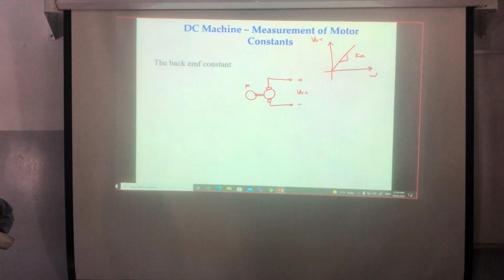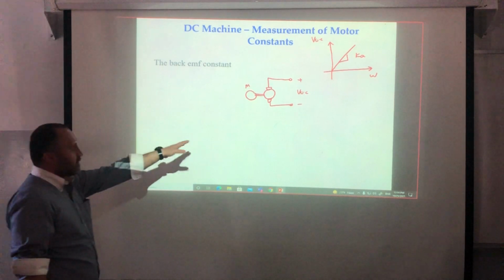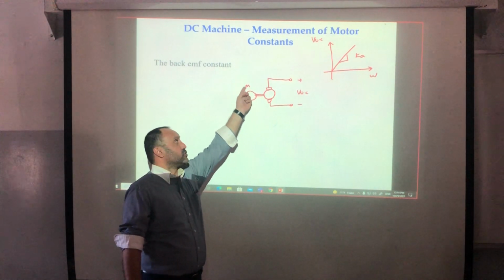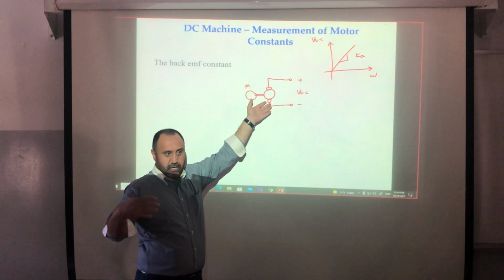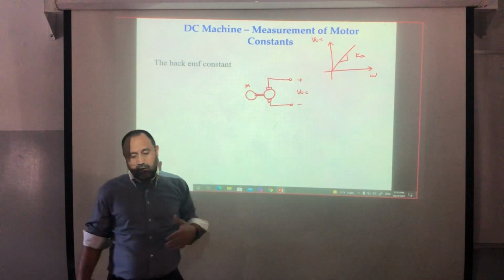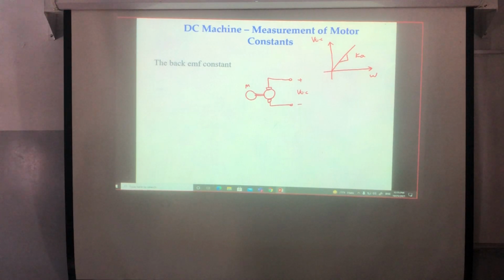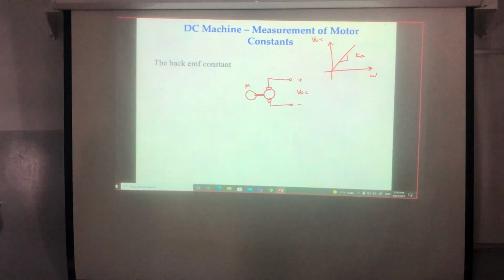No. Now see here, I need another test, because now I'm having another machine connected to the rotor, so this will change my inertia. So I need another test in order to measure the inertia and the viscous friction.